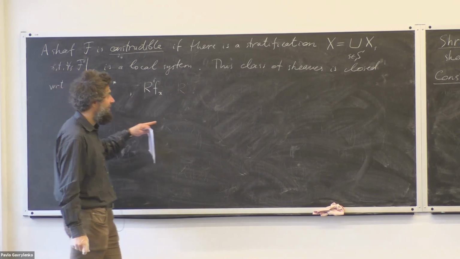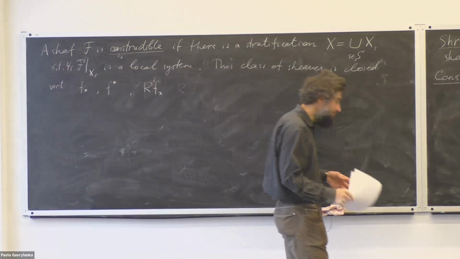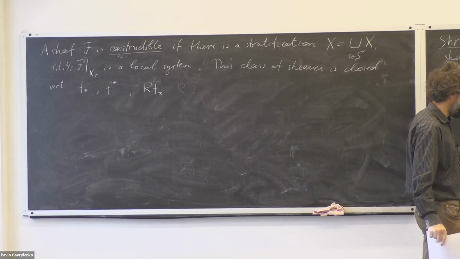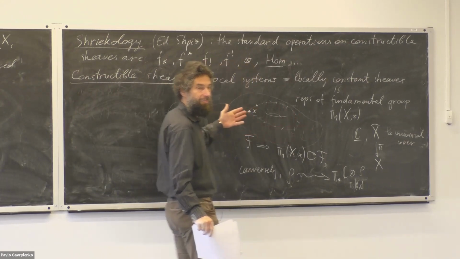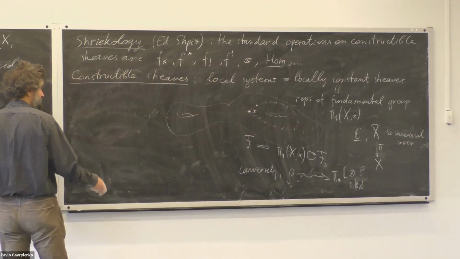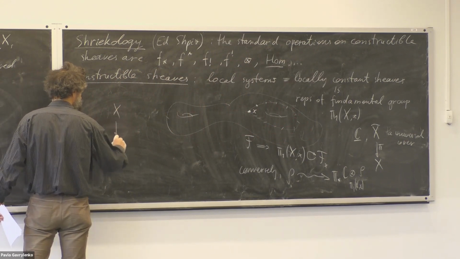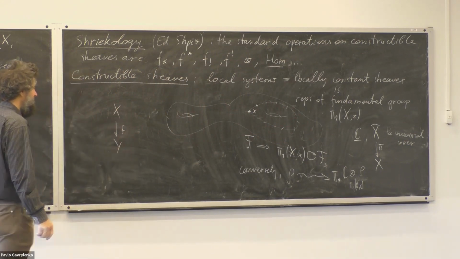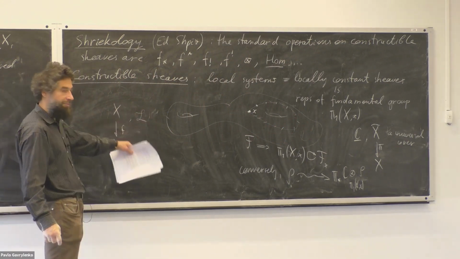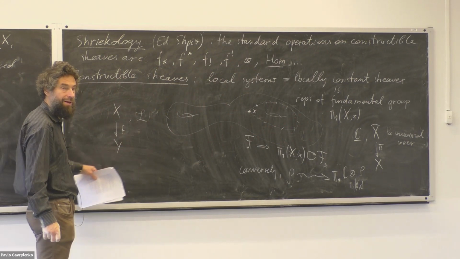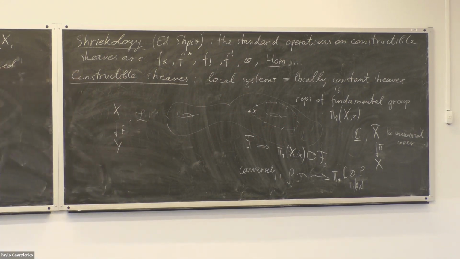So you may also say it in the following way: you start with local systems, but then you consider all the possible morphisms from X to Y. And you take a local system here, but then you take its direct image or higher direct image to the base Y, and there you obtain something more advanced, some stratification and locally constant sheaves on the strata of this stratification.